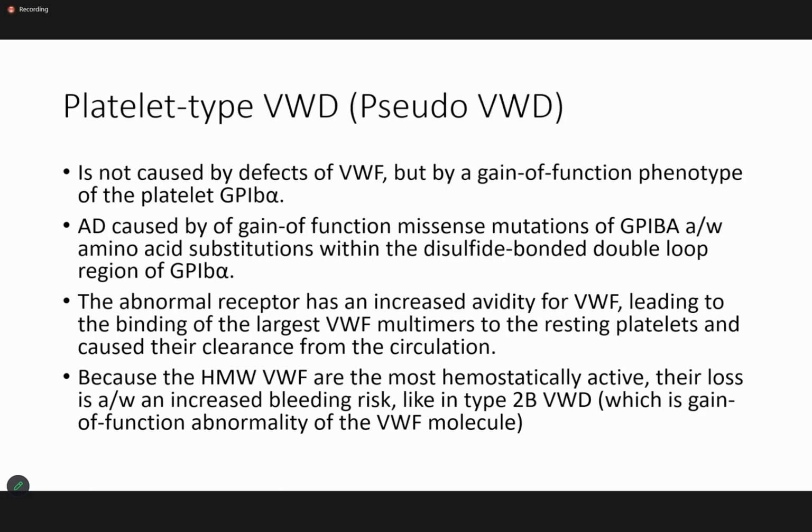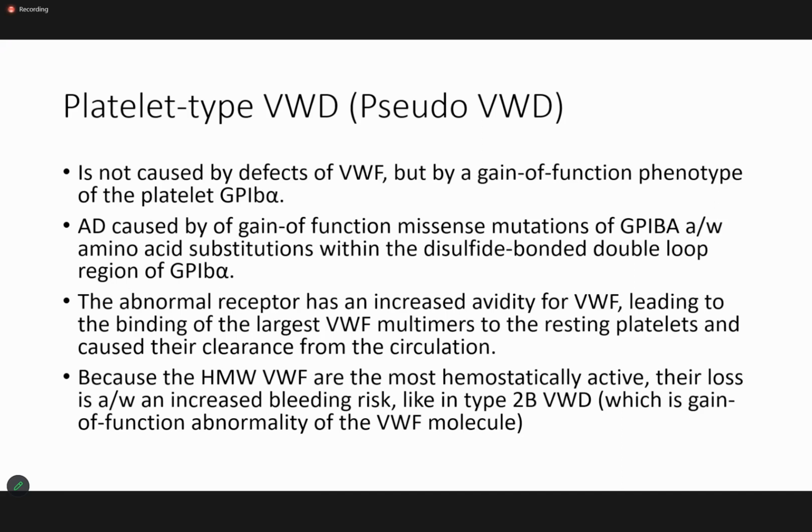Okay. What about platelet type von Willebrand disease? This is also one of the examples of abnormality of the receptors. Platelet type von Willebrand disease, or pseudo von Willebrand disease, is actually not caused by defects of von Willebrand factor, but it is a gain of function phenotype of the platelet GP1B alpha.